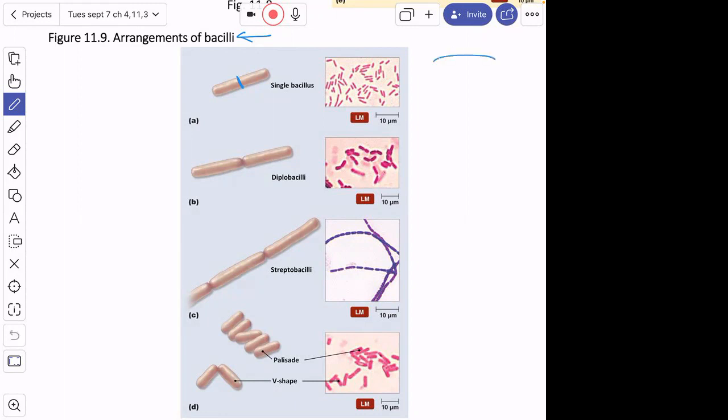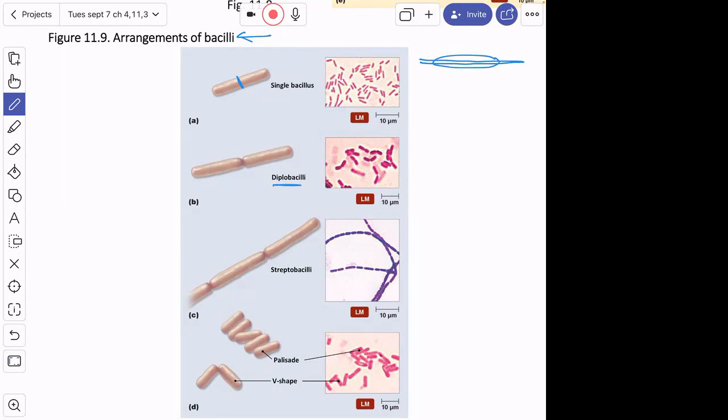So a bacillus would never divide lengthwise. We just never see that happen. So it's a little simpler. Sometimes you get just single bacilli. That's pretty common. Diplobacilli is when you have two that stay stuck together.